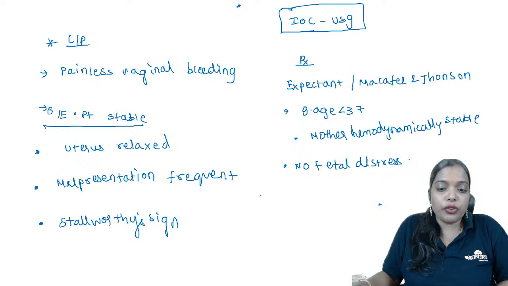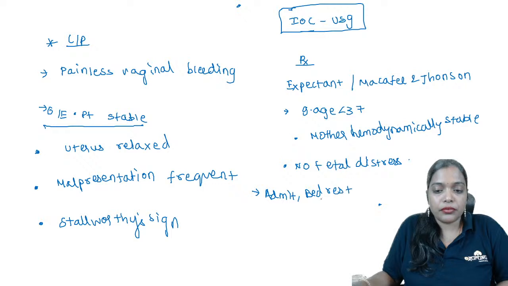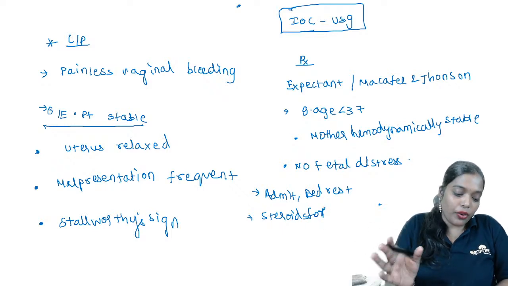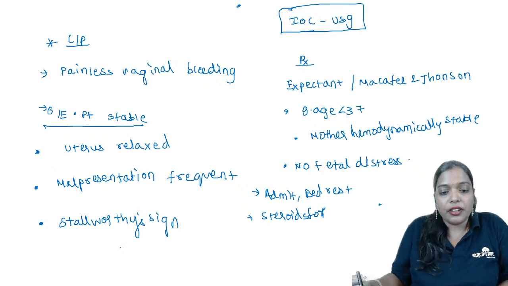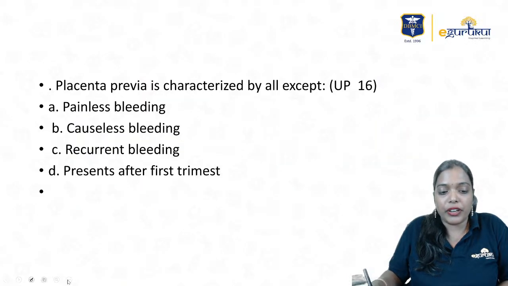And here, what do you do? You admit the patient, give bed rest, and steroids for lung maturity of the fetus. Tocolysis you give only if it is required. Otherwise, you don't give tocolysis. When they cross beyond 37 weeks, then you can go for delivery.